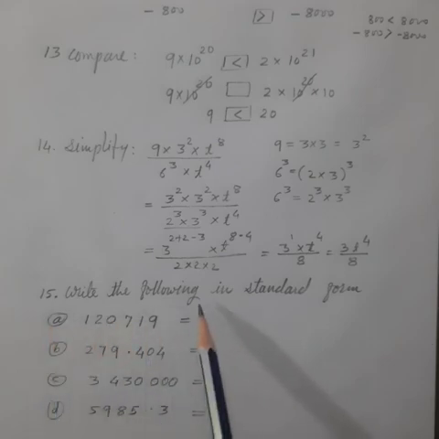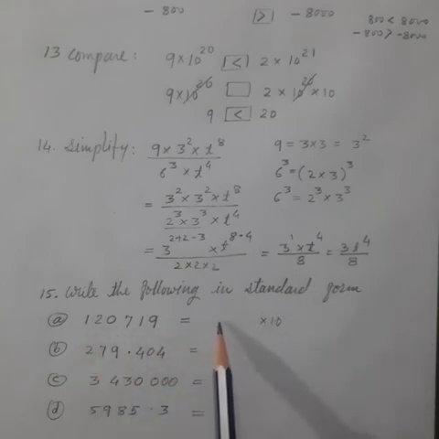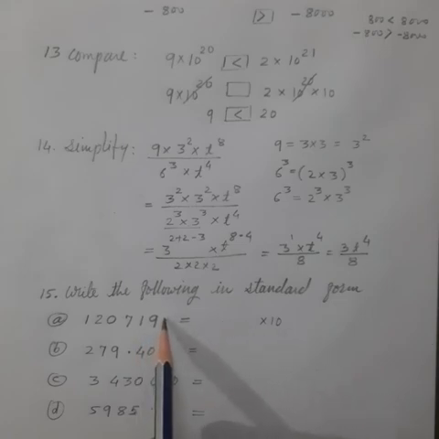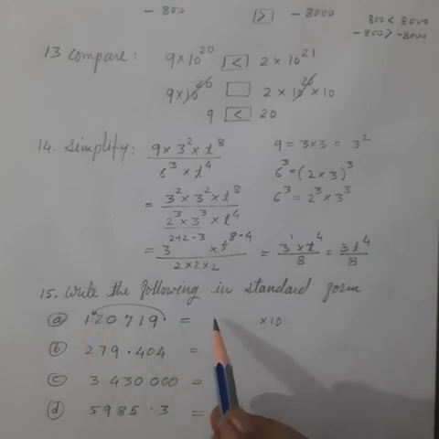Question 15. Write the following numbers in standard form. In the standard form of a number, the number is written in a decimal form multiplied by the powers of 10. In the standard form, there is only one digit in the whole part of the decimal number. So we have to move this decimal point to the left so that there will be only one digit in the whole part of the decimal number.